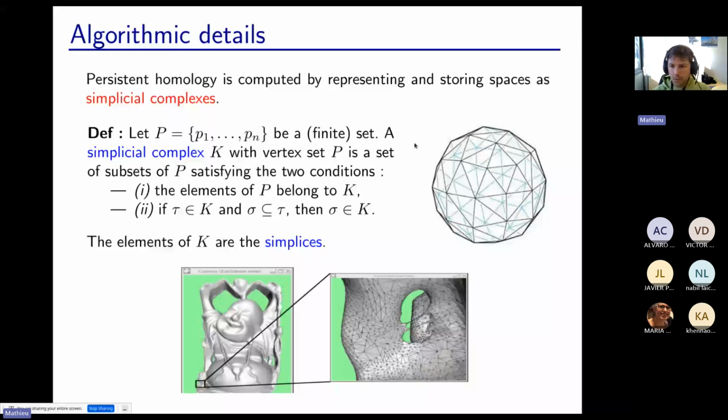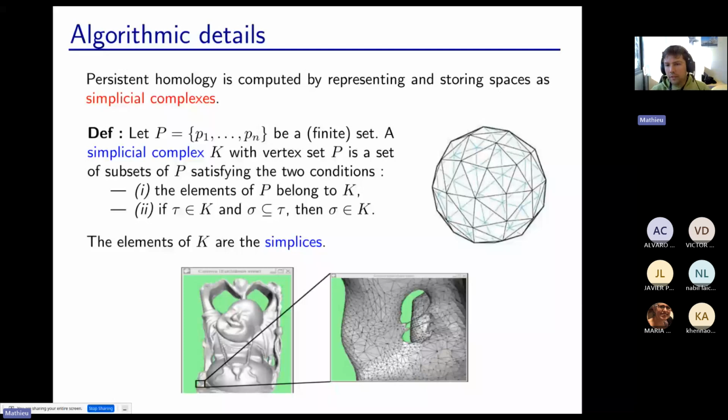Most of the time, we compute persistent homology practically on simplicial complexes, which are, if you want, triangulations of your data sets. We do that because simplicial complexes are a way to build well-defined mathematical spaces out of finite and discrete data sets.